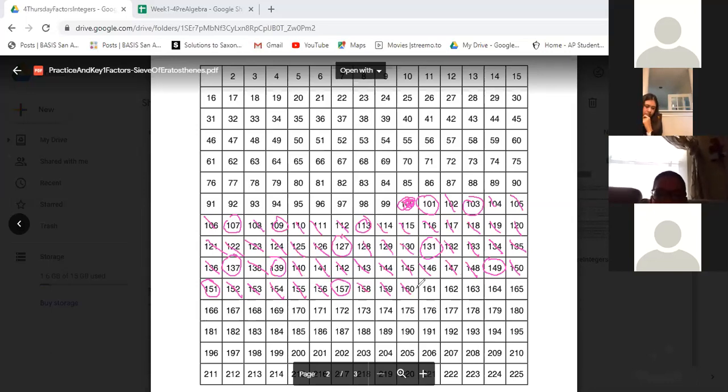Okay, so 161 would be circled. You sure? What's the rule of 8 again?